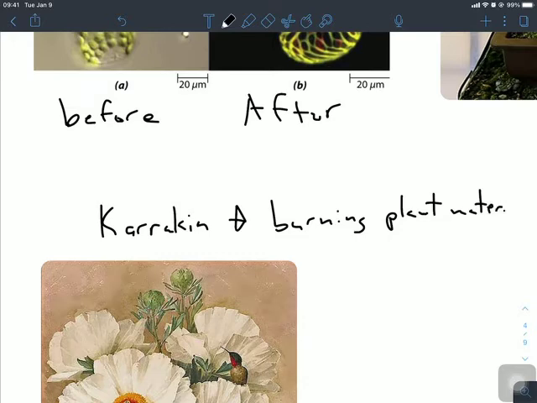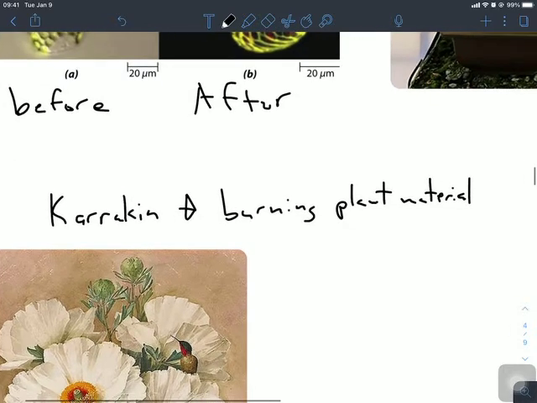So you might ask, what the heck purpose would burnt plant material have in terms of being a signaling molecule? These keratins are not made by the plant, but are perceived by particularly seeds.